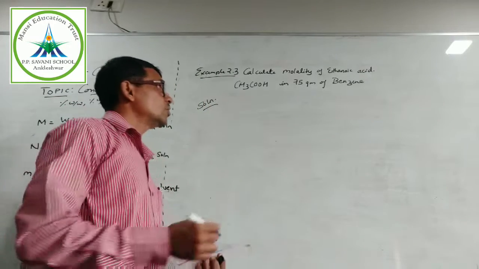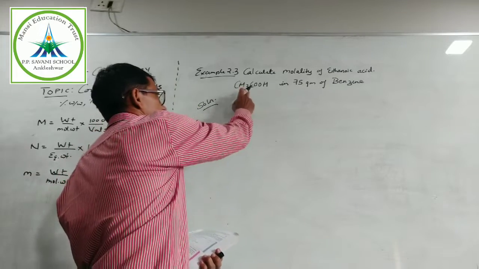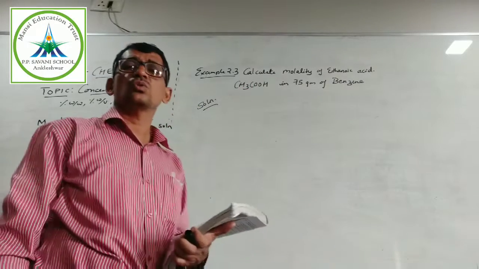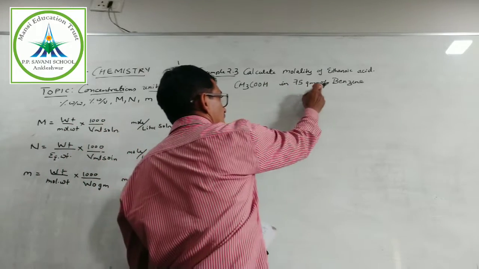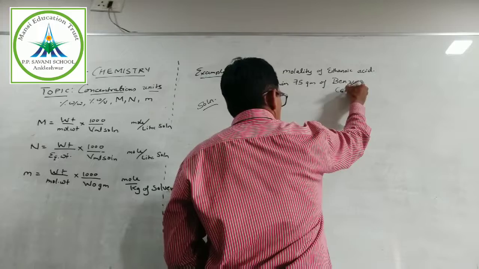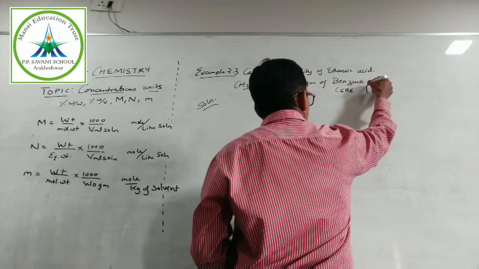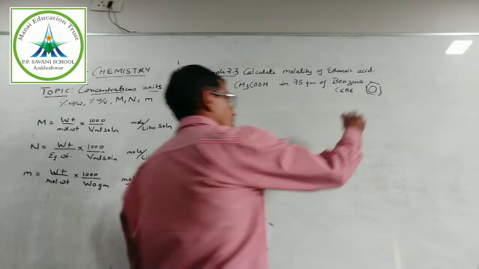Calculate the molality of ethanoic acid, formula CH3COOH, also commonly known as acetic acid, in 75 gram of benzene. Benzene formula is C6H6, and its structure is like this. Benzene C6H6 is an organic compound.